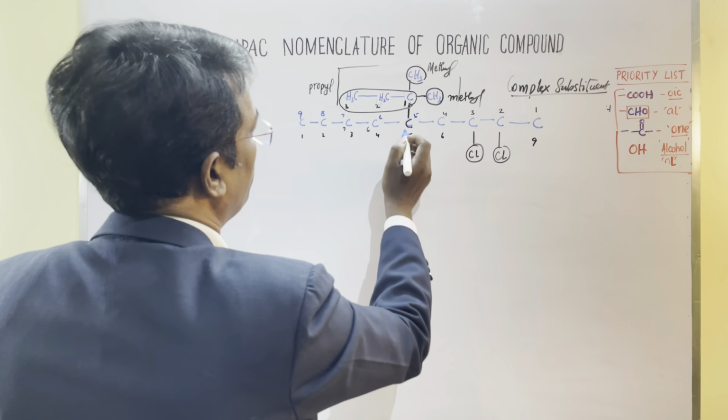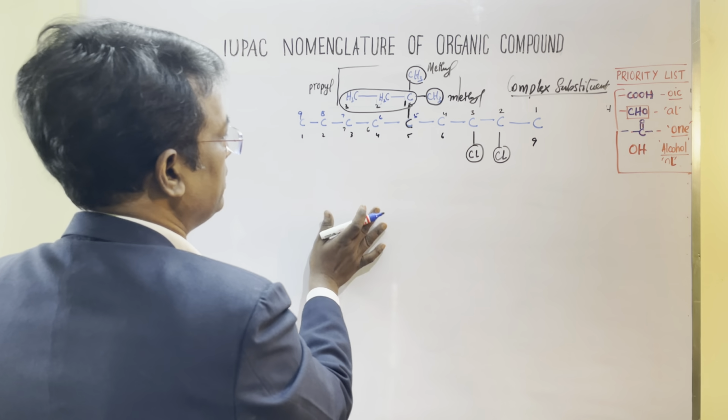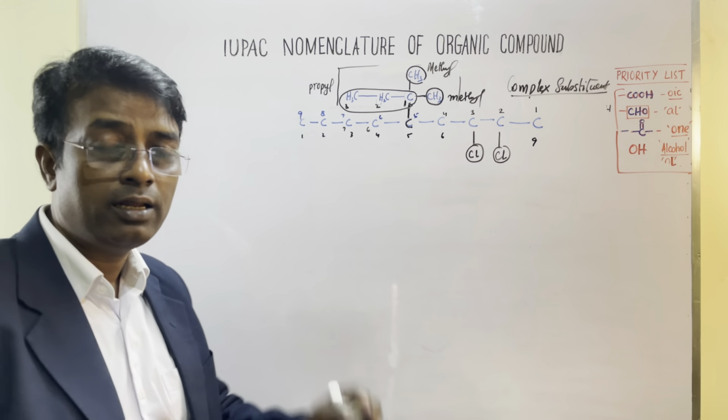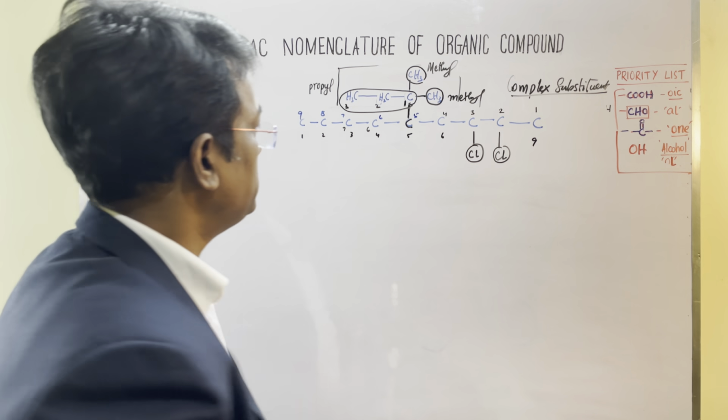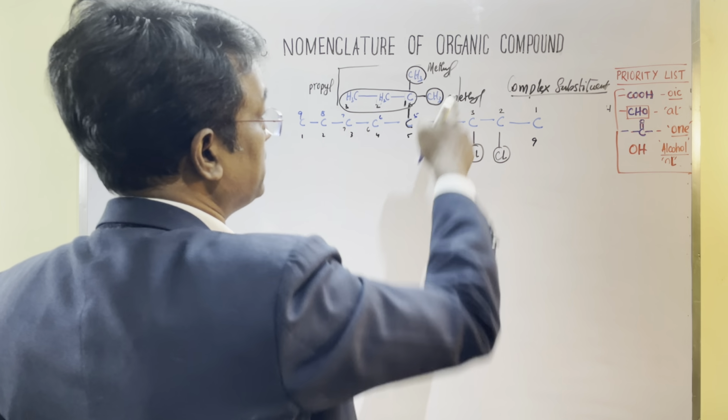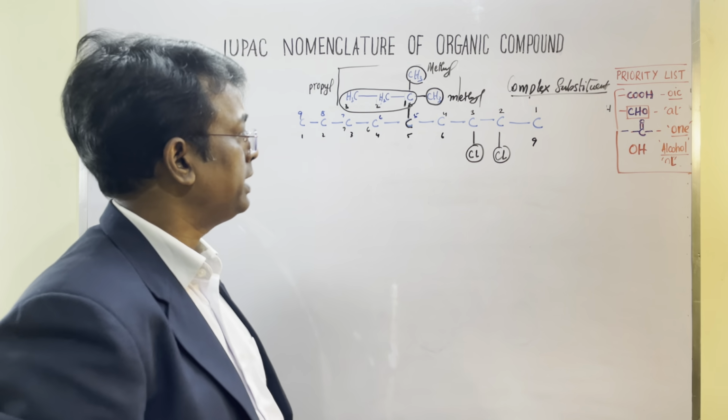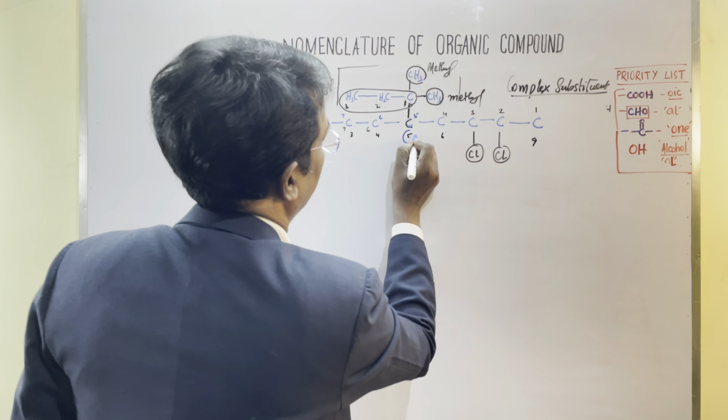Now what is the name? Always first the complex substituent will be set as the prefix inside the bracket. But first the carbon number to which the complex substituent is attached will be denoted by the number. This number is 5 here.